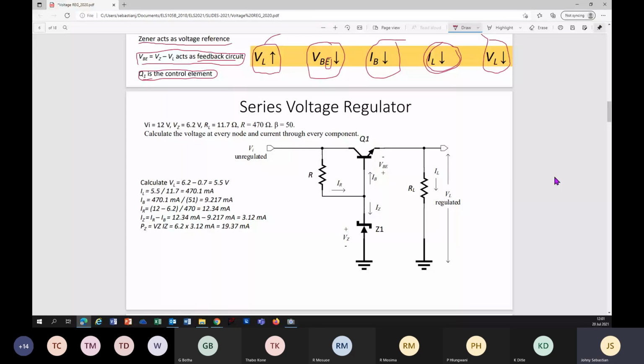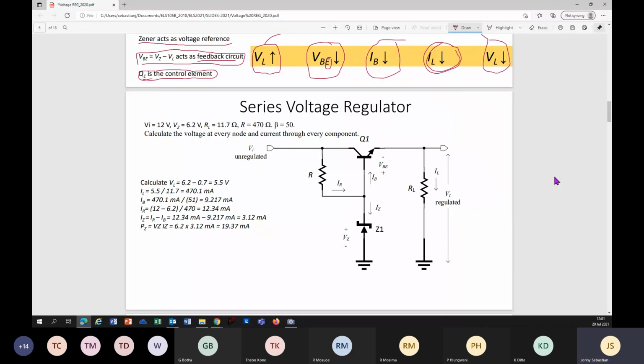So what we did so far is the first step in designing a series voltage regulator. And all the rules that we studied in BJTs at DC are applied in this problem.